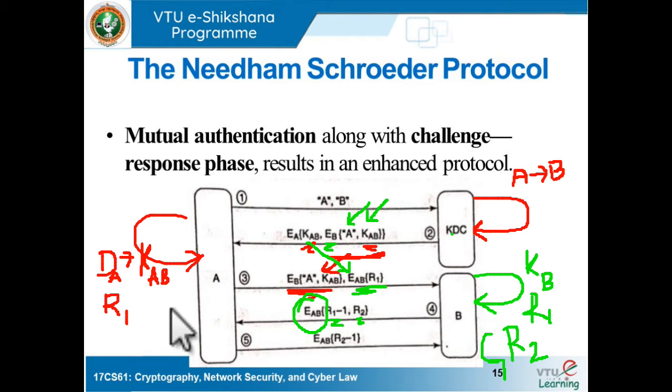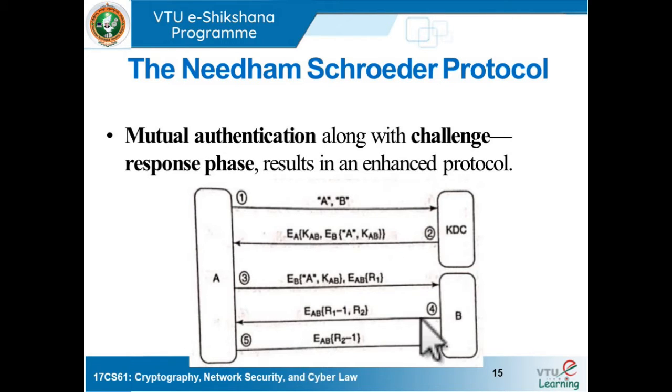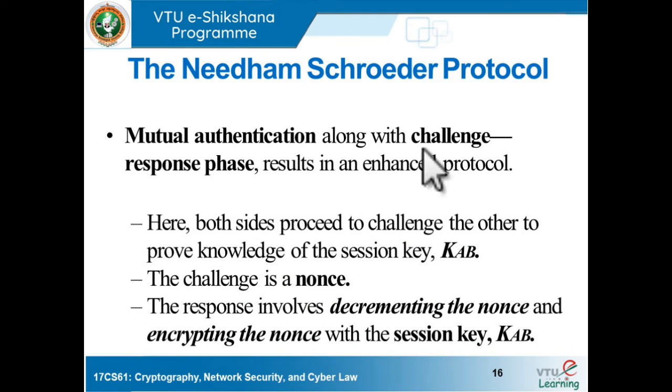After generating it, it dispatches this by encrypting it to both A and B. Now in message 2, we can see that the encrypted session key, which is encrypted using the long-term secret KA, is sent to A and received by A. Similarly, message 3 is encrypted with KB, the shared secret between B and KDC. Once these two messages are received, they will decrypt them and retrieve the session key.